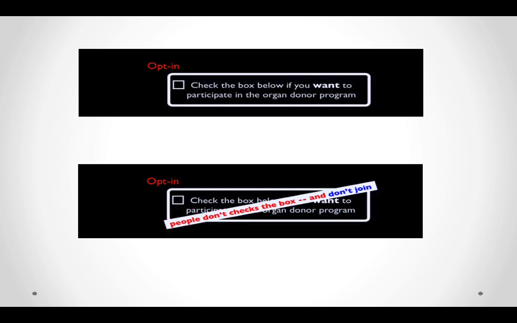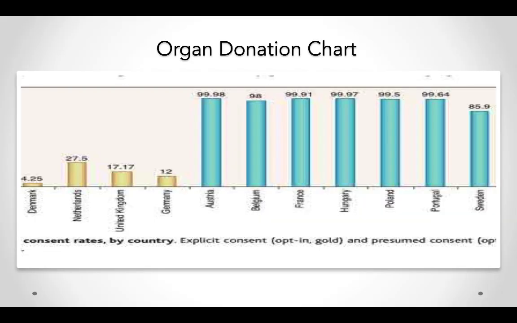And therefore, if I don't do anything, it's assumed that I didn't check the box and I am not in. You see? I can only join if I check the box, but because I don't know how to do it, I don't check the box and I don't join. Which countries have this kind of form? The ones on the left.